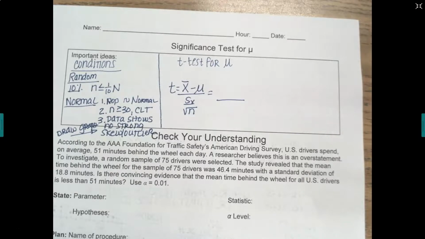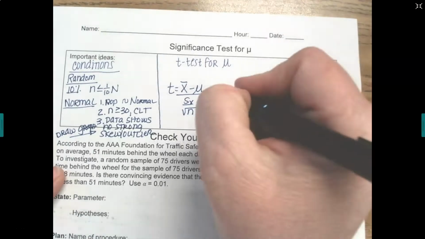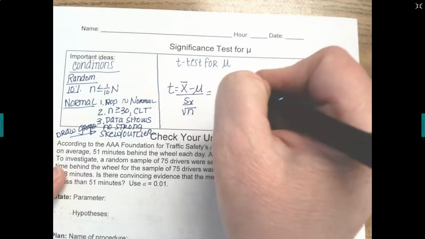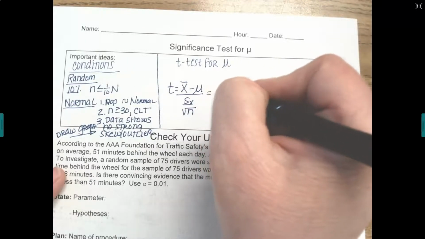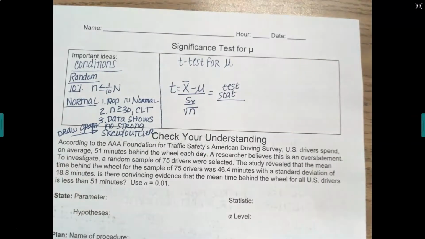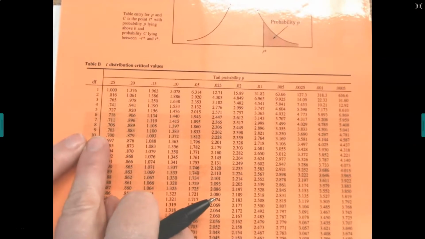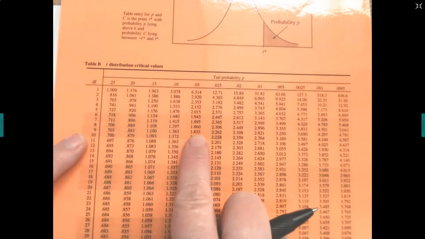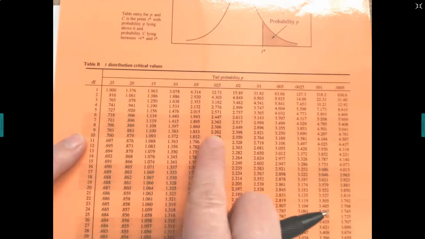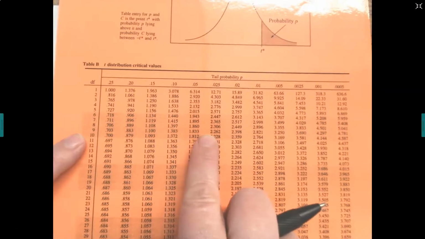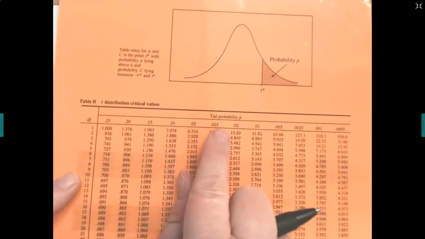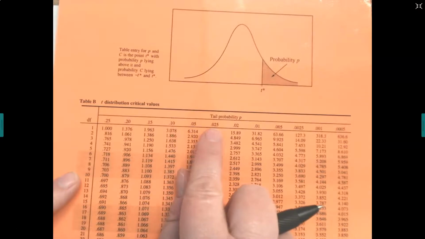Now, you're not often going to find the exact t-score. So this is your test statistic. If we're looking on here, say we had a degree of freedom of 9, and say our test statistic fell somewhere between these two numbers, we would have to use both of these as our p-value.